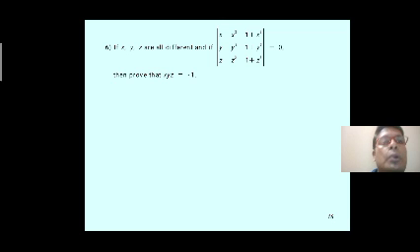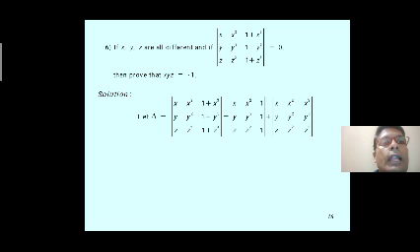Number 6th problem. If x, y, z are all different, and the determinant with rows x, x square, 1 plus x cube; y, y square, 1 plus y cube; z, z square, 1 plus z cube equals 0, then prove that xyz equals minus 1. Now we write, let delta.